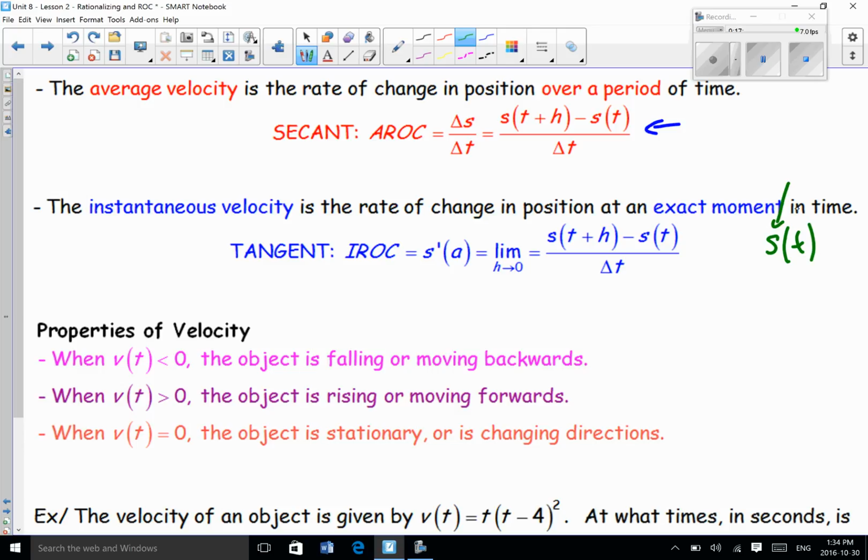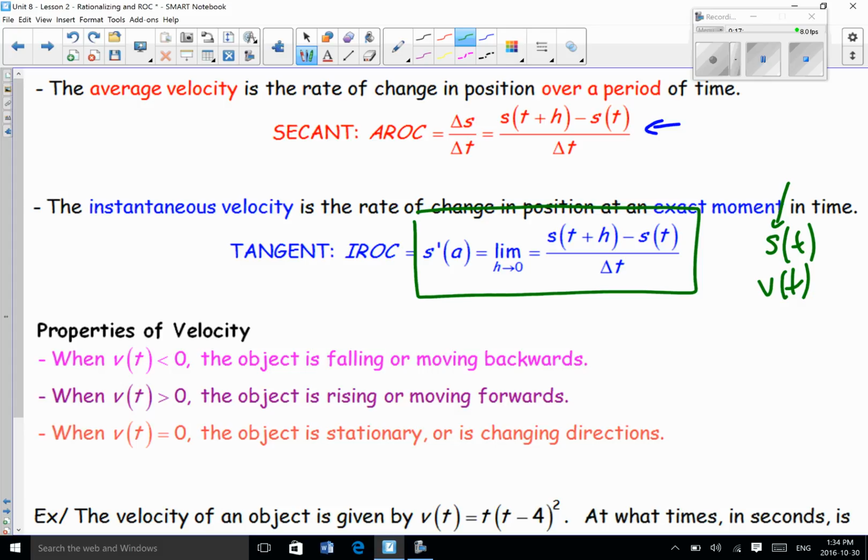So position, displacement, is s at a certain time t. Velocity, v(t), is the limit of that. It's the IROC of that. So you notice we have this notation here. And that's how we can find our velocity at any time t. We take the rate of change of the displacement.